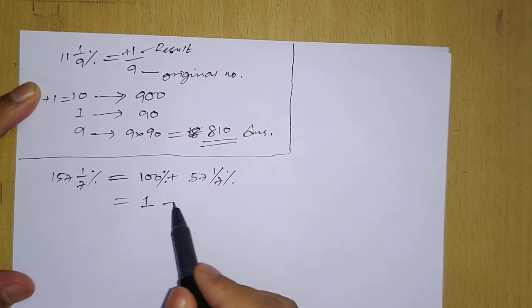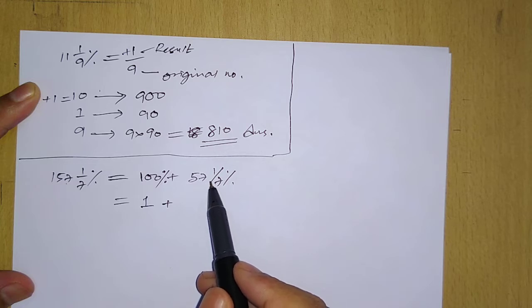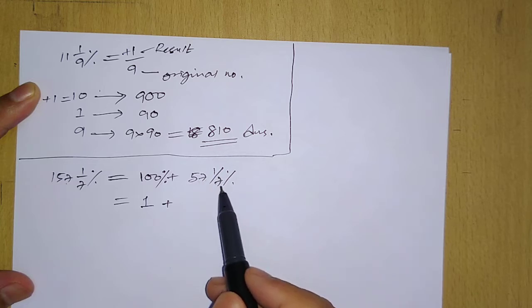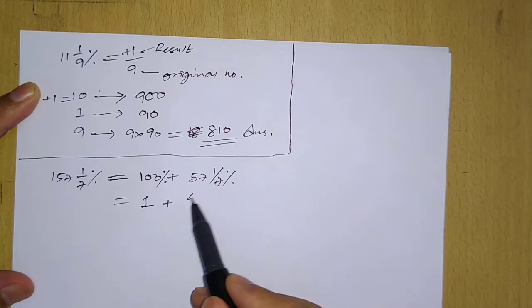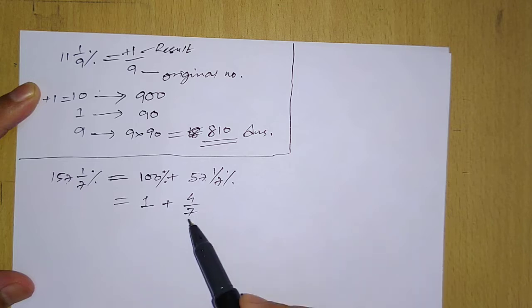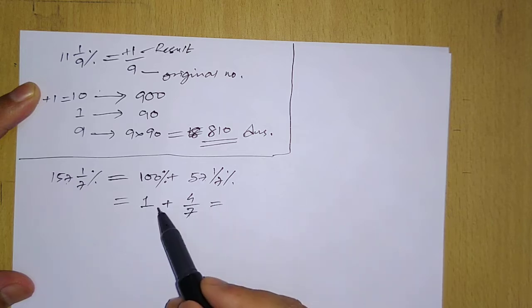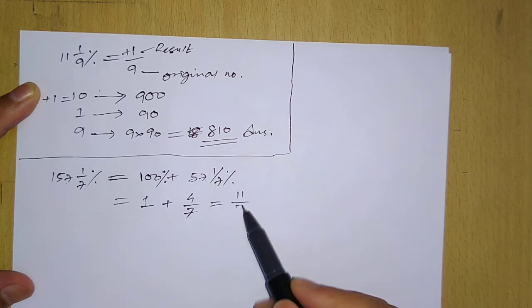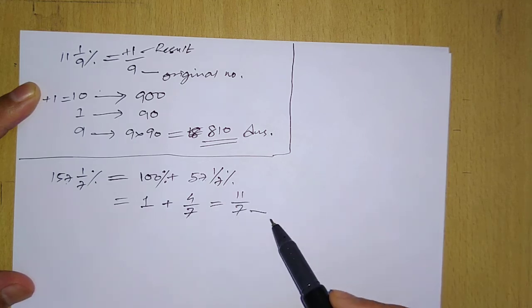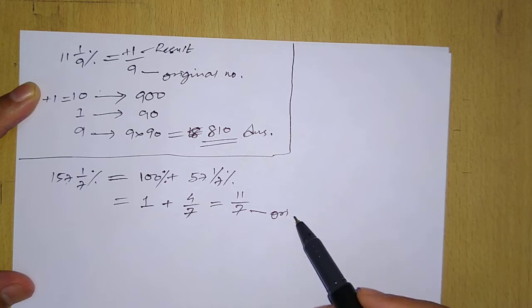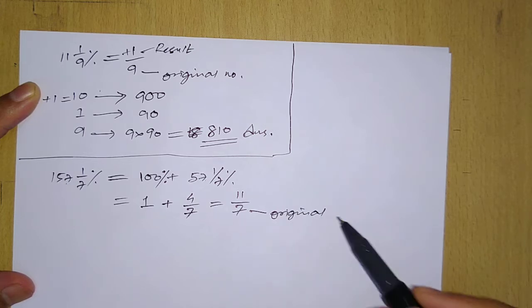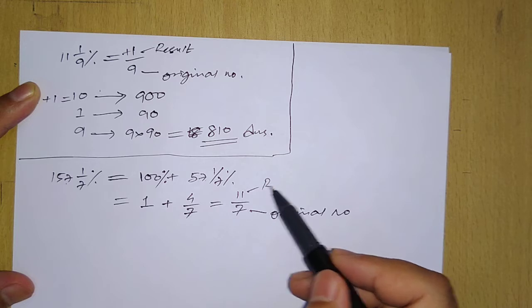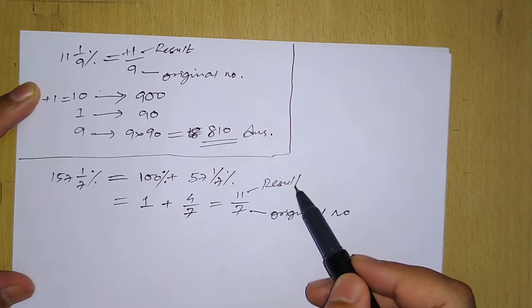100% means 1, and this is the base value. So 57 1/7% means 4/7. Now if we solve this, we will get 7 plus 4, 11/7. Now the denominator will always be the original number, and this is our result.